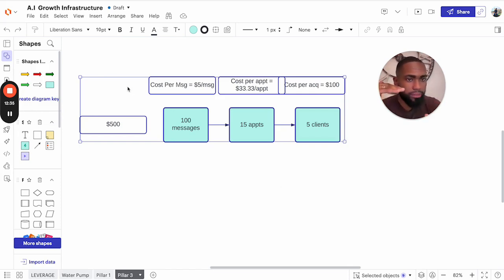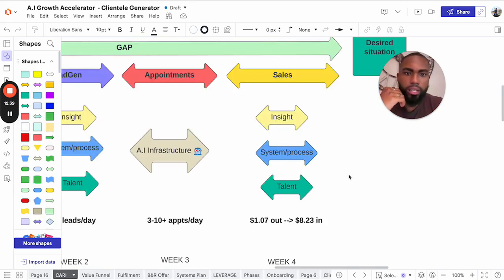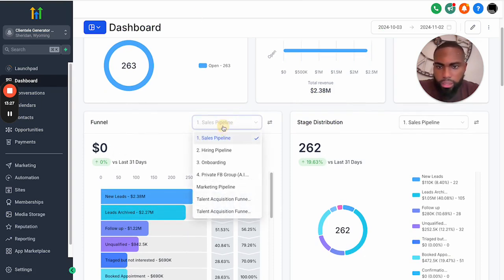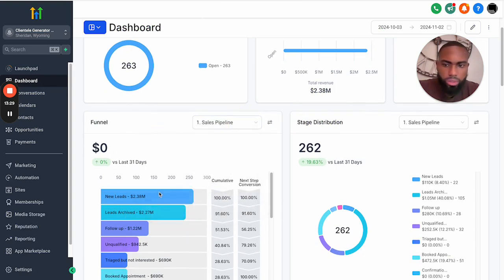Once you have this figured out, you're going to need the systems and processes to have this updated automatically. For a client, you can see everything in terms of the pipeline, the revenue, and the new leads that we have built out automatically for you.